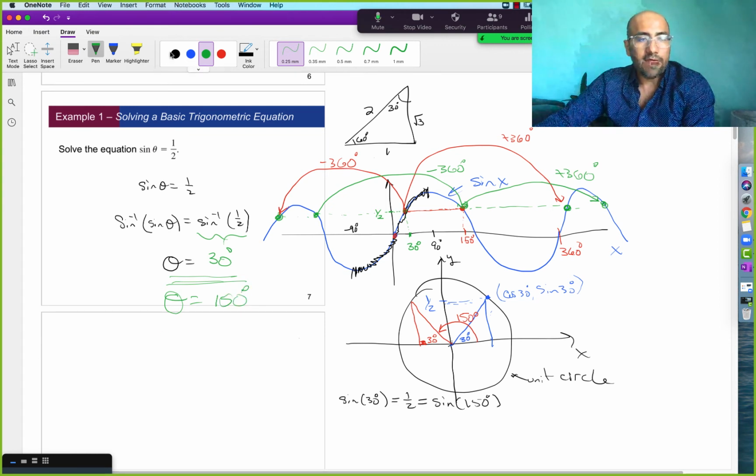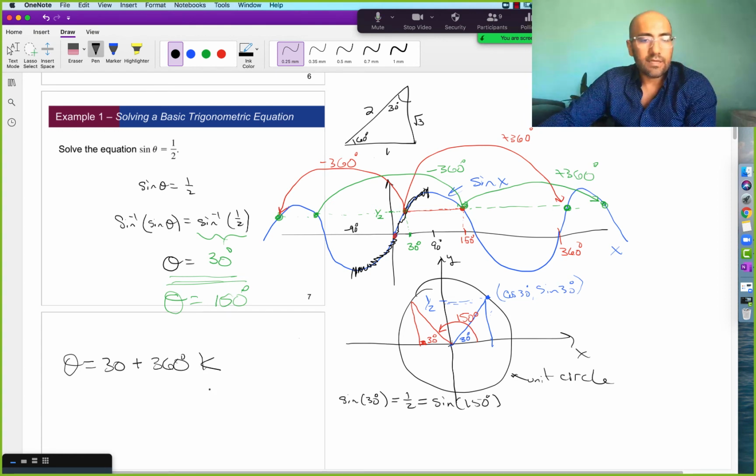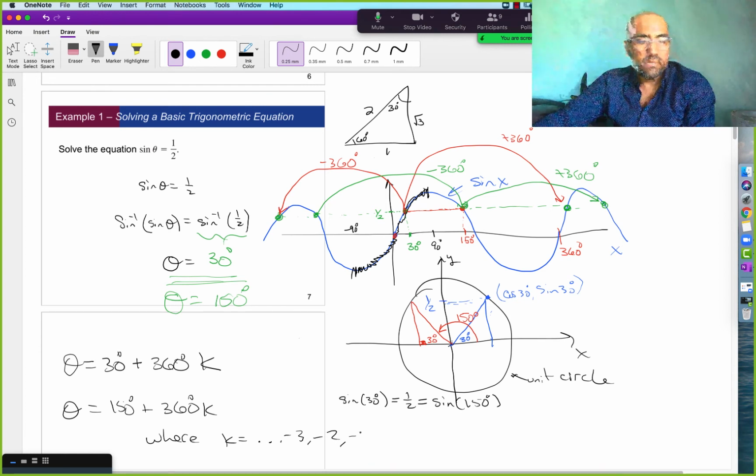And then all our solutions are presented as theta equals 30 degrees plus 360 degrees k, or theta equals 150 degrees plus 360 degrees k, and this is where k equals negative 3, negative 2, negative 1, 0, 1, 2, 3, and so on.